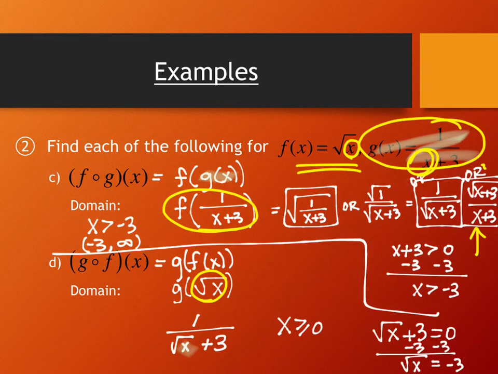Now, I'm going to adjust this question for just a second, not because it's my question, but because I want you to think about what would happen if this here instead were a negative. Could it work? Could I get a 0 in the denominator? Yeah, I could. And if that were the case, I would actually have to set this equation up over here, and I'd have to solve it and figure out what else x cannot equal.